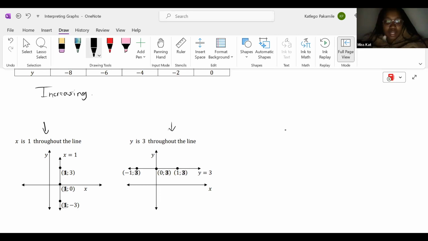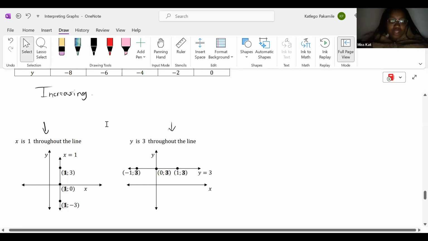Can you see that? So no matter where you go on this graph, the y coordinate will be 3. Exactly. So that graph is called y equals 3 because no matter where you go, the coordinate of y will be 3.